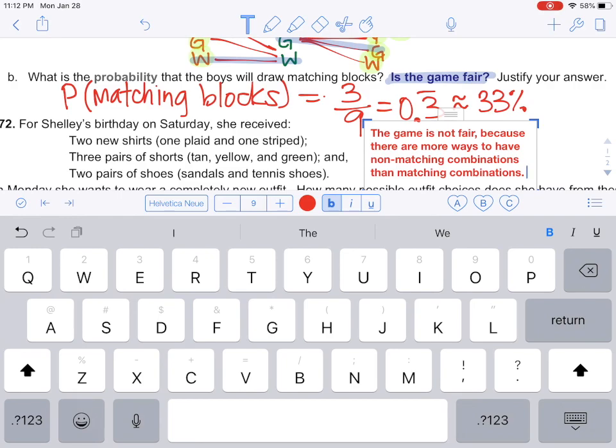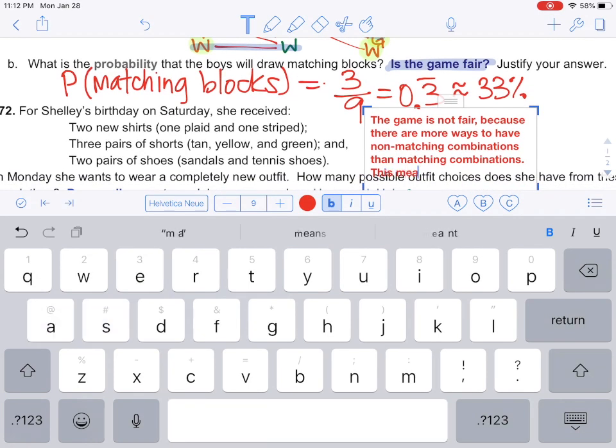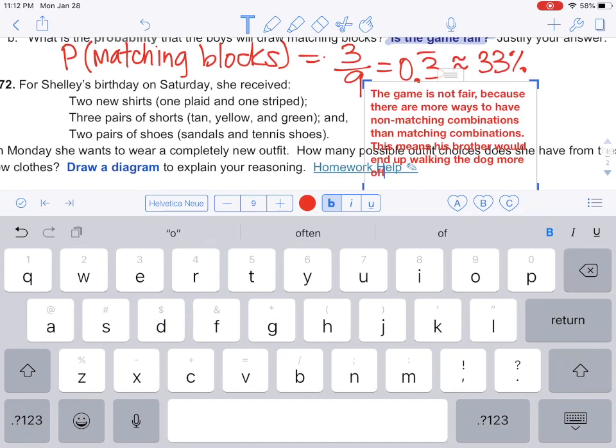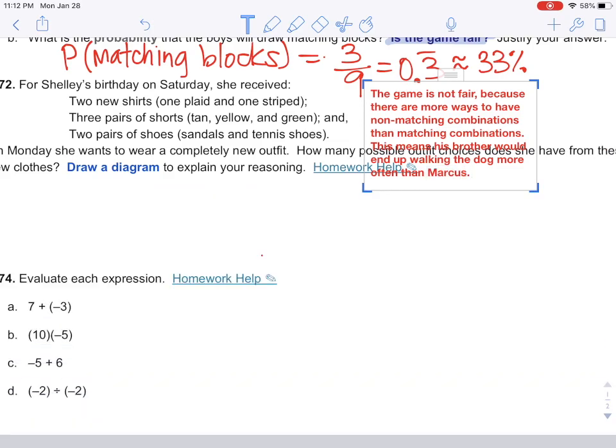What does this mean? This means his brother would end up walking the dog more often than Marcus. I hope that makes sense.